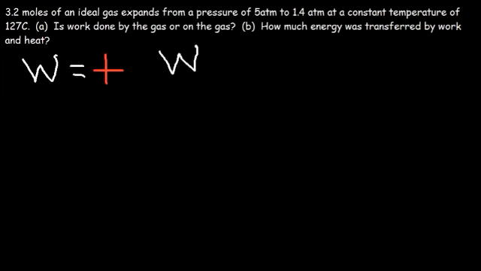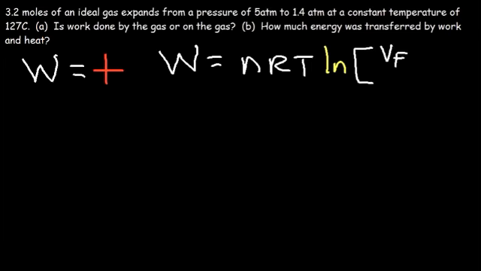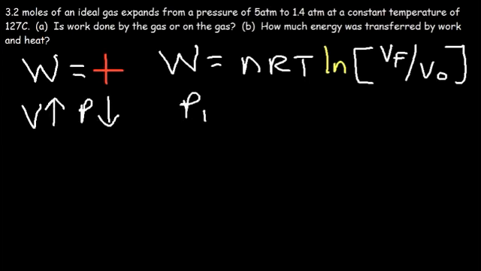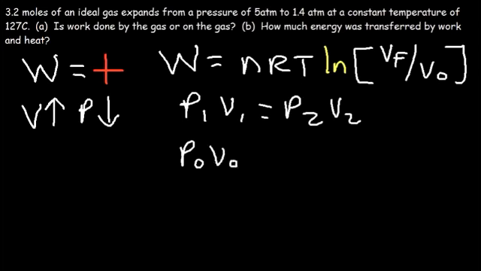Well, let's start with this equation. W is equal to nRT natural log V final divided by V initial. For an isothermal process, since temperature is constant, whenever you increase the volume, the pressure will decrease. According to Boyle's law, P1 V1 is equal to P2 V2. So we could say P initial times V initial is equal to P final times V final.